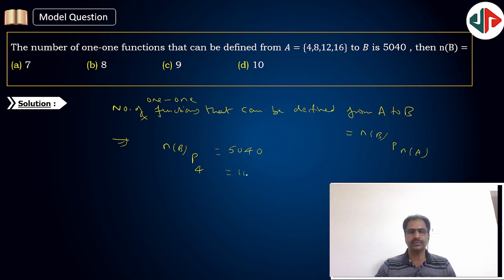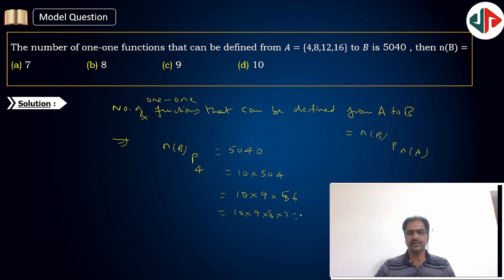How to write 5040? 10 into 504. 504 can be written as 9 into 56, and that 56 can be written as 8 into 7.